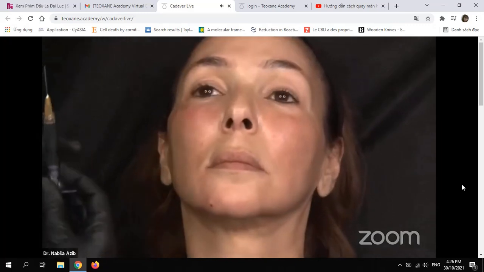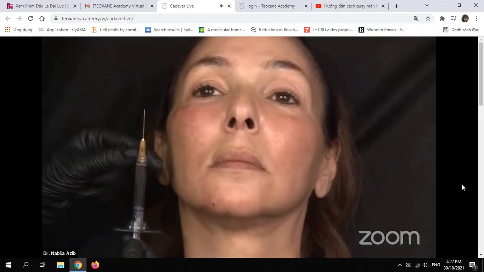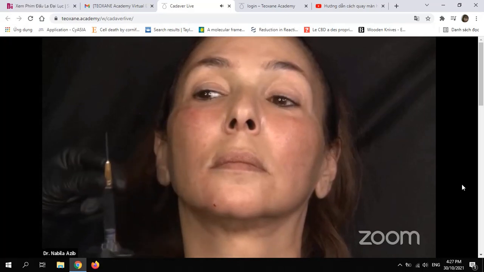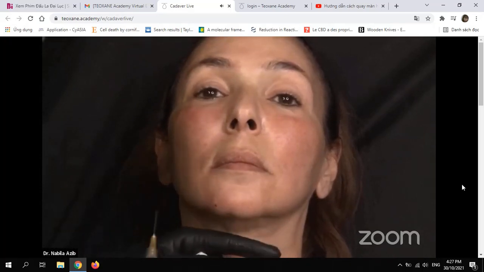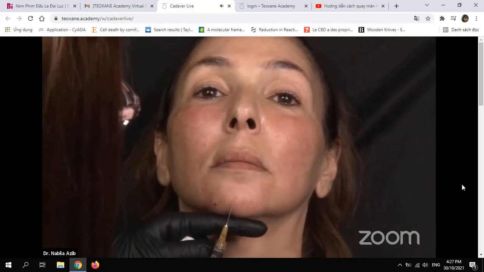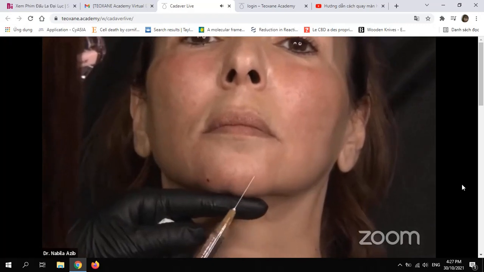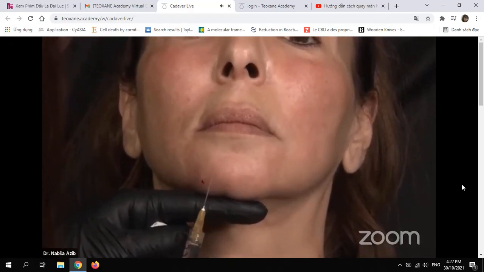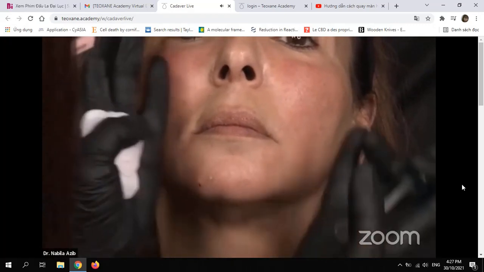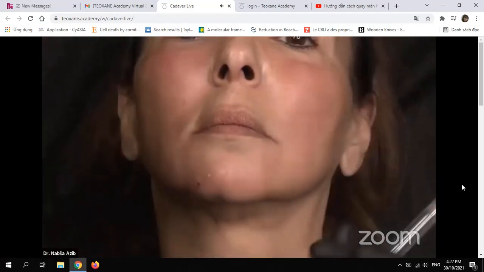Here, once again, on the bone I use the ultra deep layer, and once again with a long needle. So that will be my level of injection. That means I will use a medial bolus and two lateral boluses, one here and one here, always located within the width of the nose.